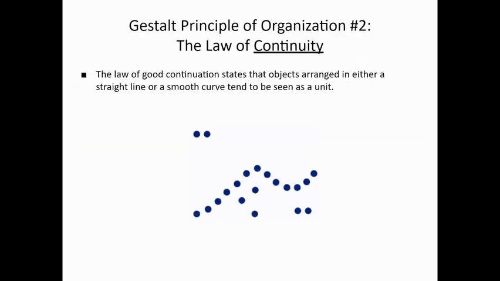The law of continuity gives us the ability to arrange things in as simplistic, straight, smooth, orderly a line as possible. So here, our eyes are going to be drawn towards the clumps of dots that are creating kind of like a mountain peak, or the straight lines, or the logical patterns that are built in, as opposed to looking at the outliers or the ones that don't seem to fit in.